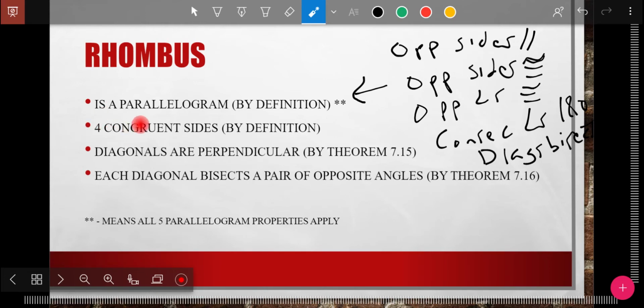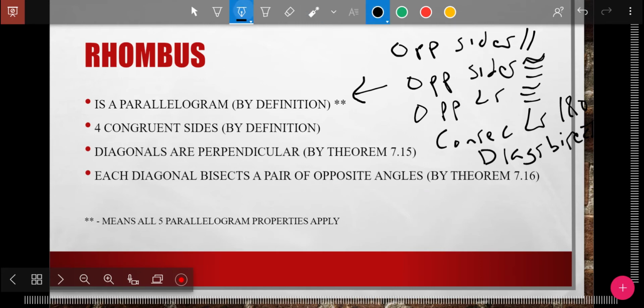And then 6 is 4 congruent sides. That makes it a rhombus. 7, diagonals are perpendicular. Make sure you know what this word perpendicular means. That means when the diagonals cross in the middle, they intersect at a 90-degree angle. And then let's make sure we understand this one: each diagonal bisects a pair of opposite angles.